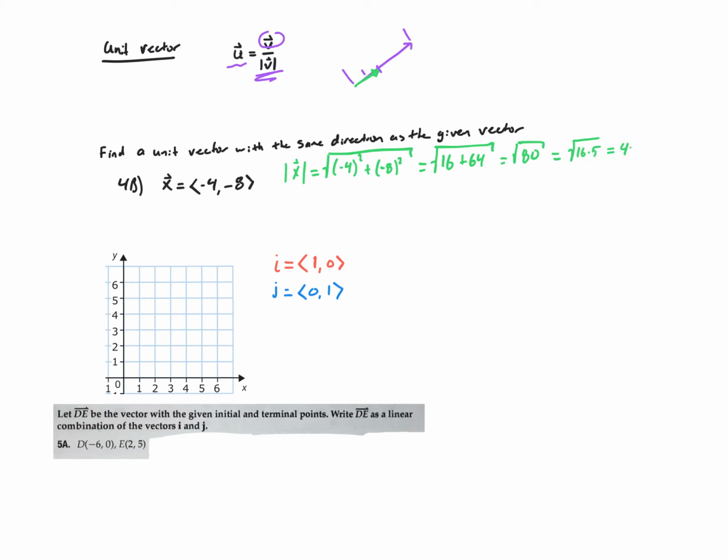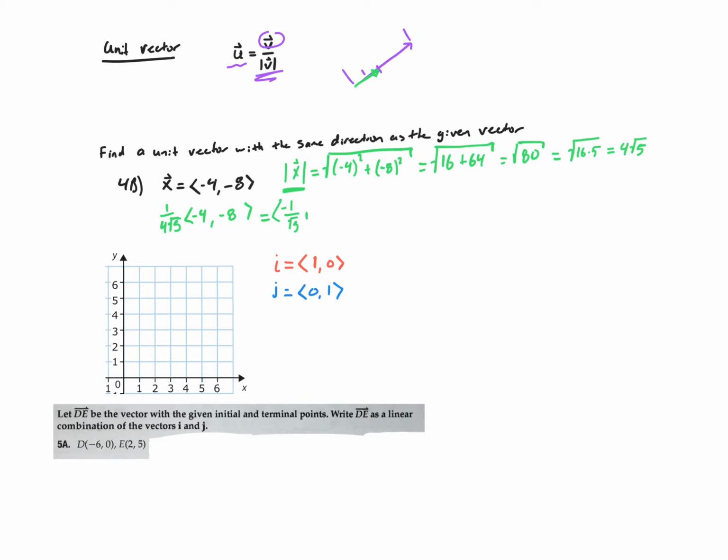So then what we need to do is multiply this. We're going to say 1 over the magnitude, 1 over 4 root 5, times this vector, negative 4, negative 8. So that's going to give me negative 1 over root 5, because the 4 and the 4 would reduce with each other.